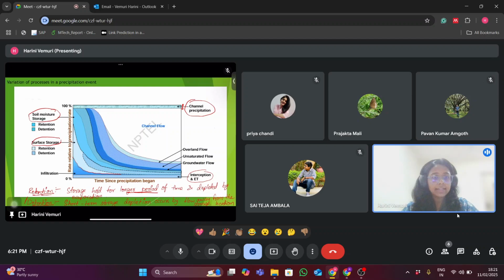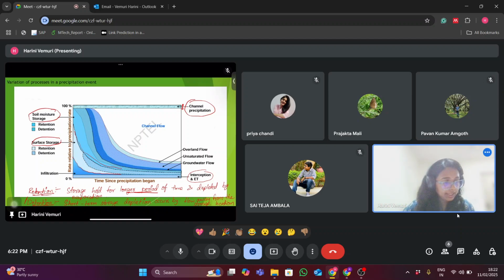That is an example of retention. In the case of subsurface flow or any other flow, it is called detention, or the soil moisture at the top layer of soil is an example of detention, because due to evapotranspiration the water in the top layer of soil will get evaporated quickly. So it's an example of detention. We can see that both soil moisture storage and surface storage are reducing with time.